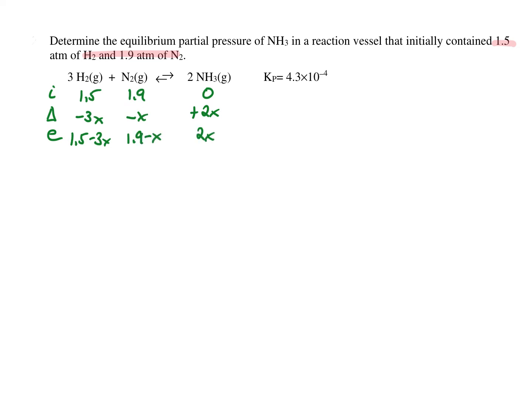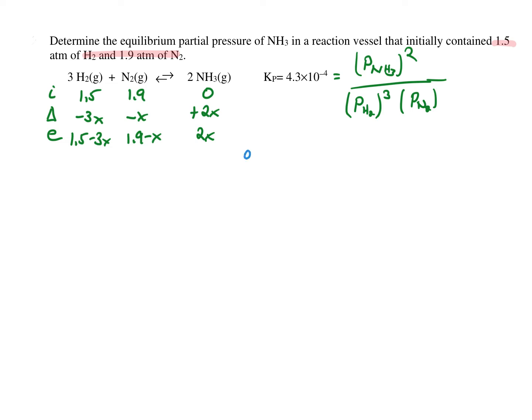And we can set up our equilibrium constant expression. It's going to be the pressure of NH3 squared divided by the pressure of H2 to the third multiplied by the pressure of N2. We'll make our substitutions.